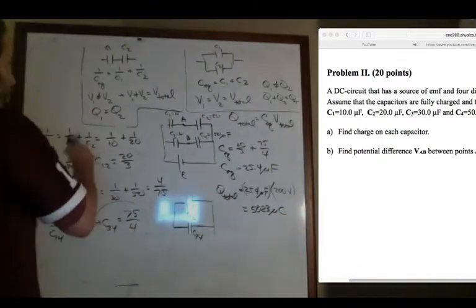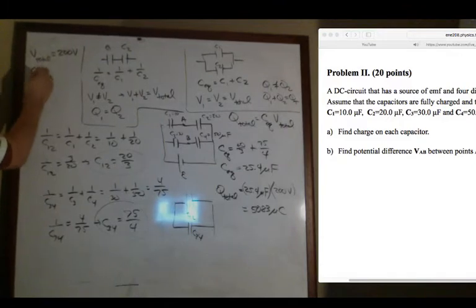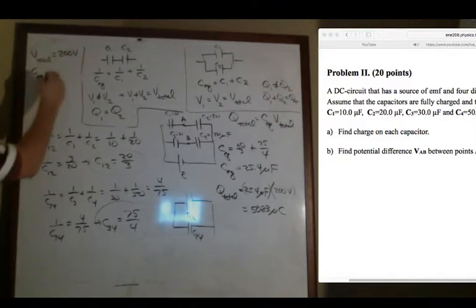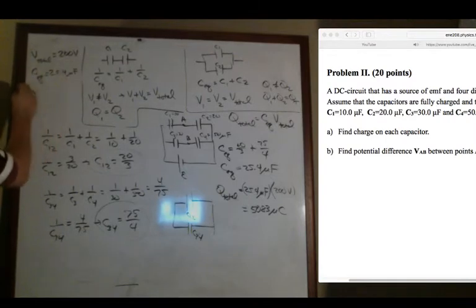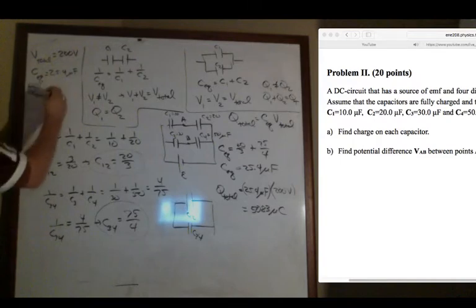So what I'm going to do is off to the side, I'm going to write all that really important piece of information. We know V total is equal to 200 volts. We know that CEQ is equal to 25.4 microfarads. And then finally, your total charge over everything is equal to 5083 microcoulombs.